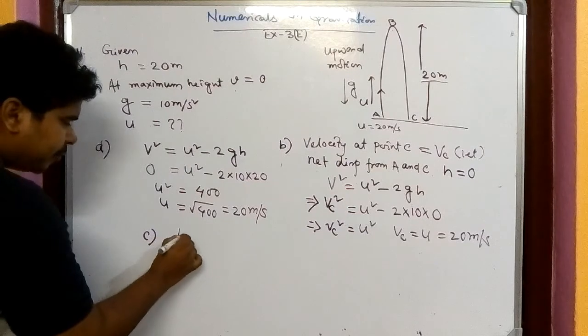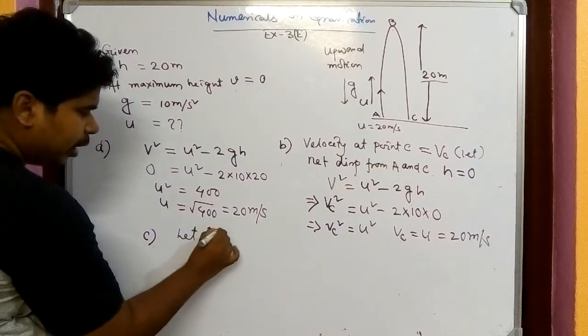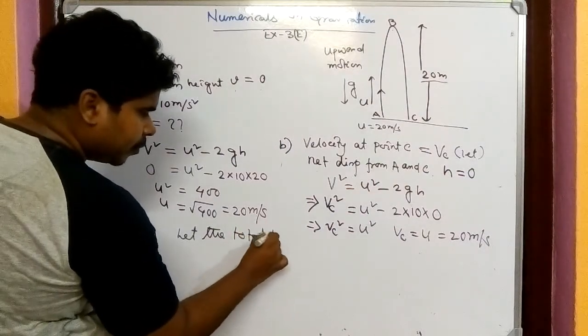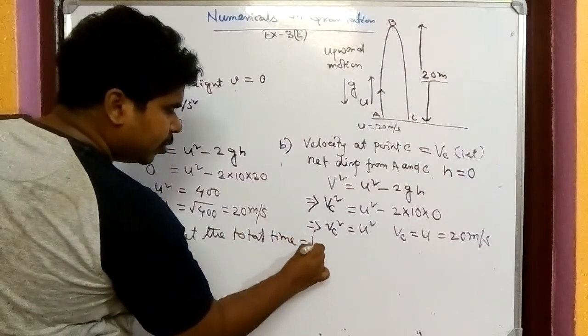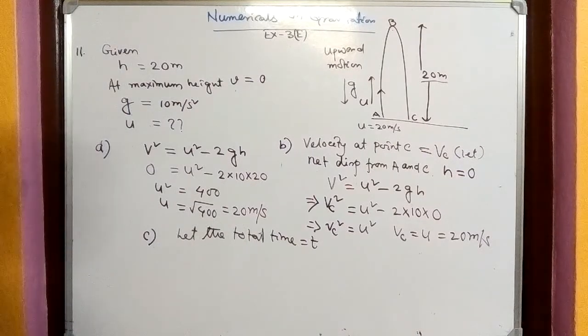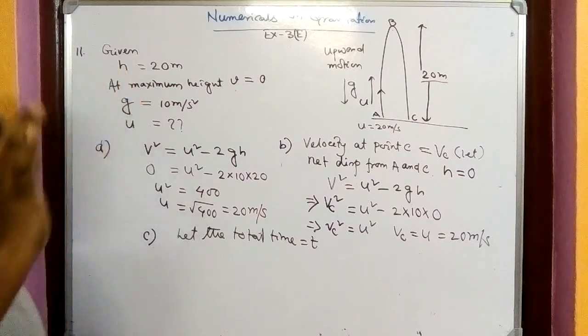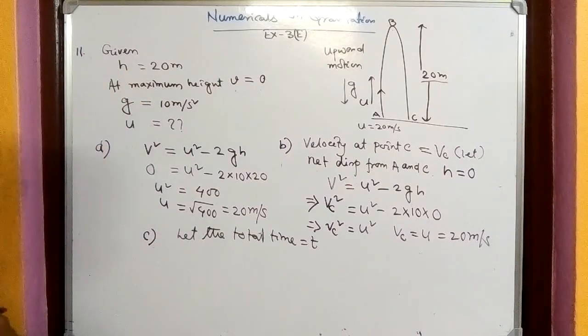So let the total time be T. Okay, so which equation do we have to use? What do we have to find out? We have to find the time period. What do we have? We have V, G, H, everything is there. But better we use the equation which is comparatively easier for us.